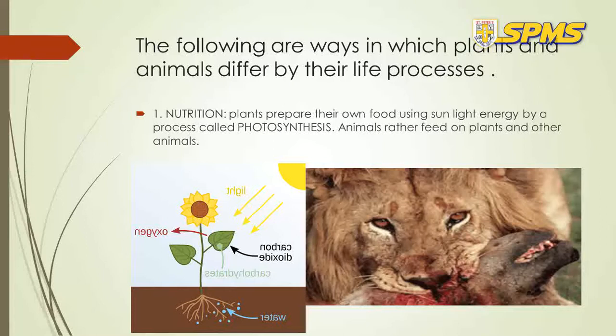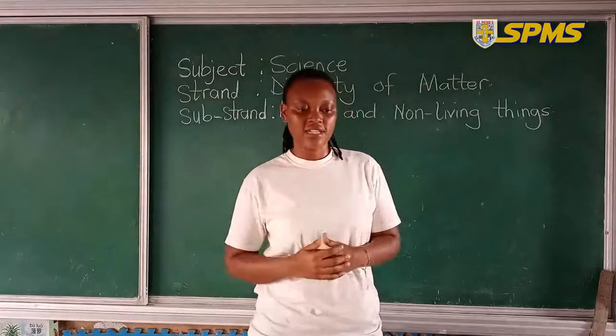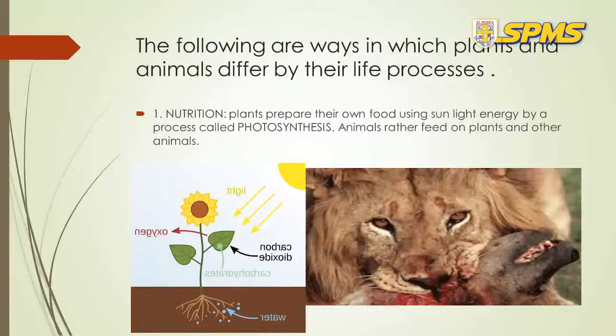They prepare their own food using sunlight energy by a process called photosynthesis. So the process of the plants producing their own food by the sunlight is known as photosynthesis. On the other hand, animals rather feed on plants and other animals.